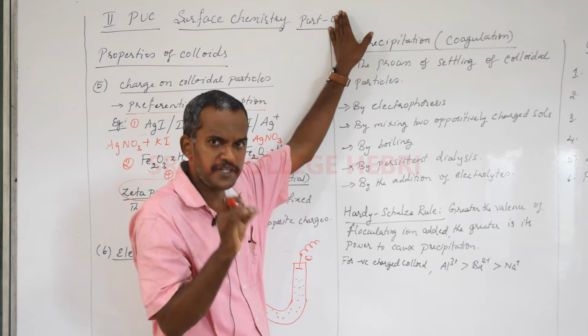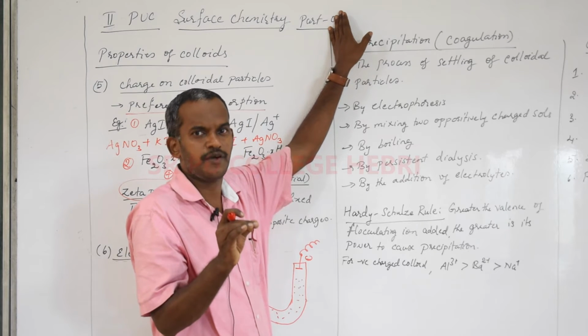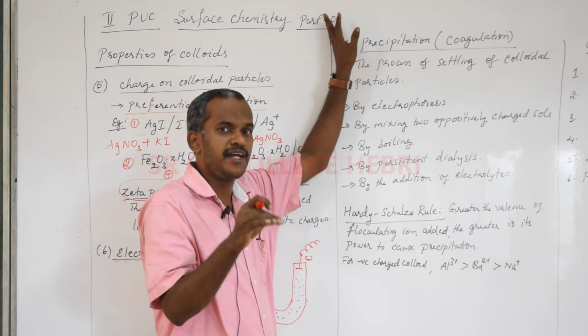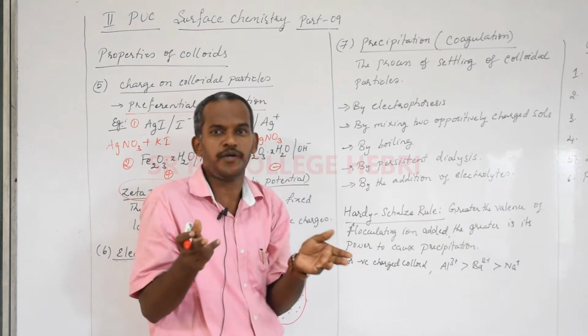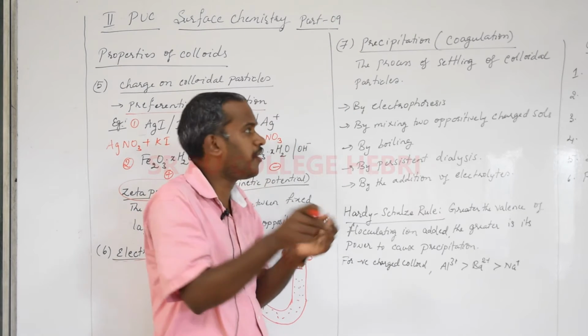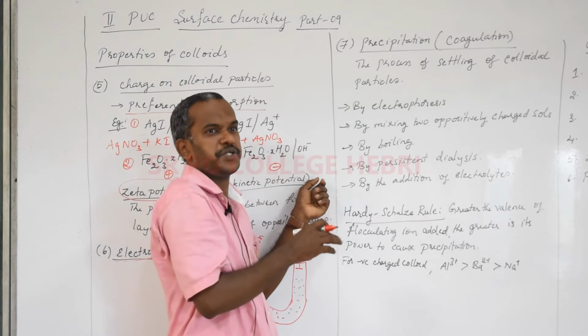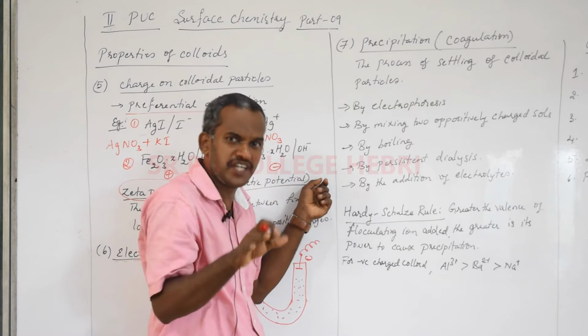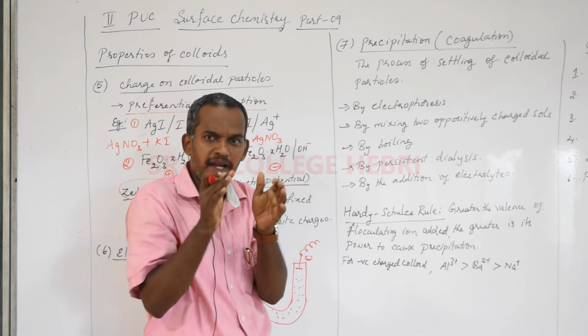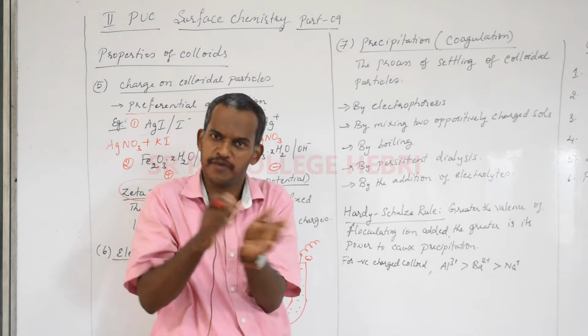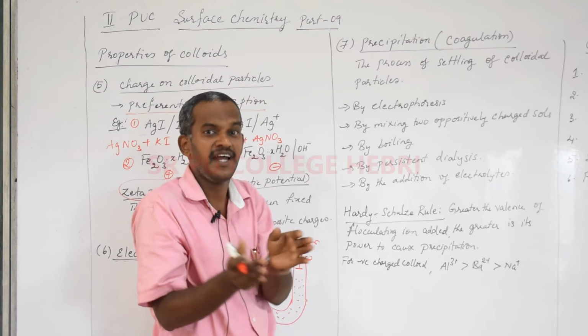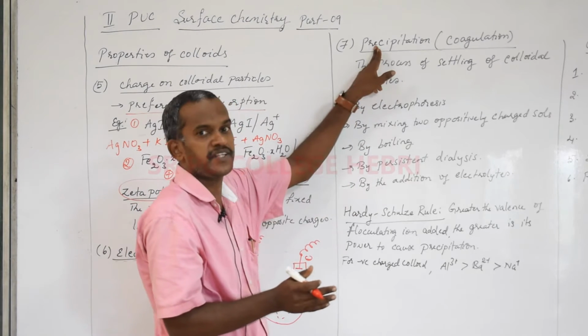A single charge is present on the colloidal particles. Now when I added an electrolyte containing both cation and anion, one of the ions will neutralize the charge. Because of the neutralization of the charge, the colloidal particles will settle down. It means it converts into a suspension or a precipitate.